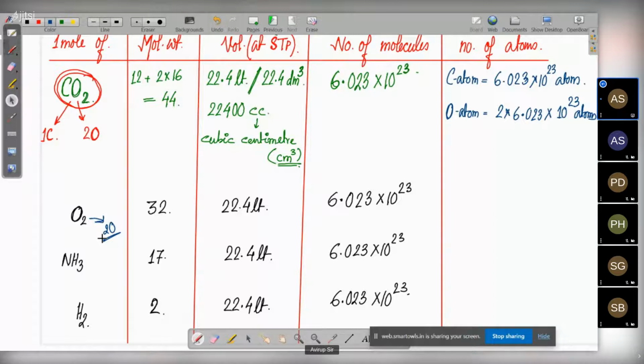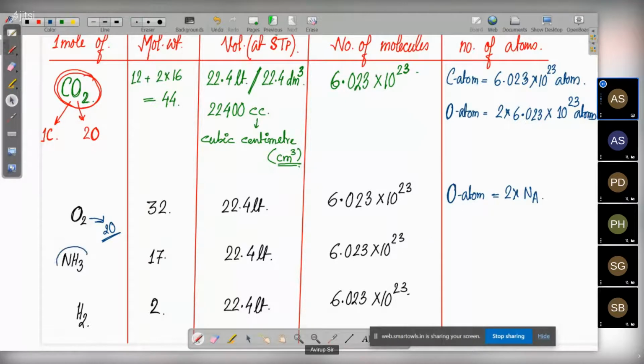In Avogadro molecules, it will be 2 into Avogadro number of oxygen atoms. So that is 2 into Avogadro number. Avogadro number, as you know, is denoted by the symbol Na, so we are writing it as Na only.